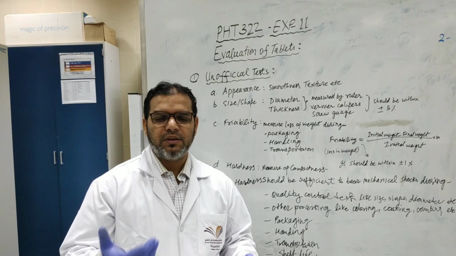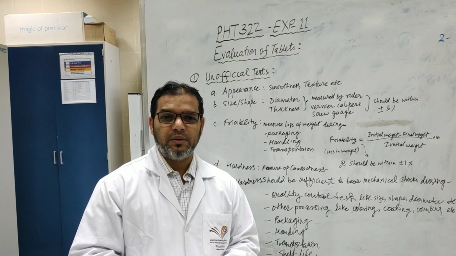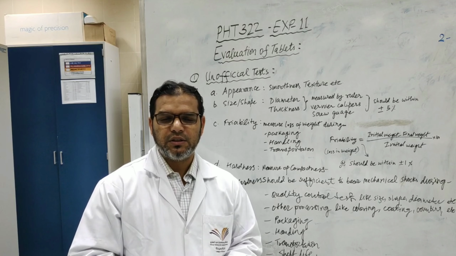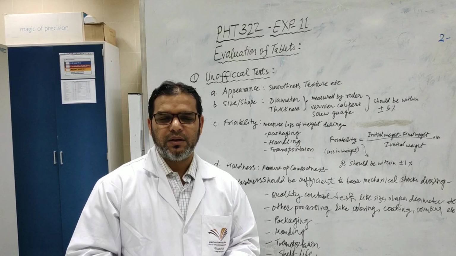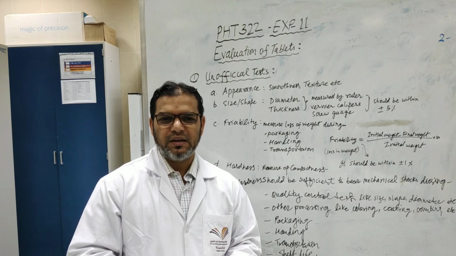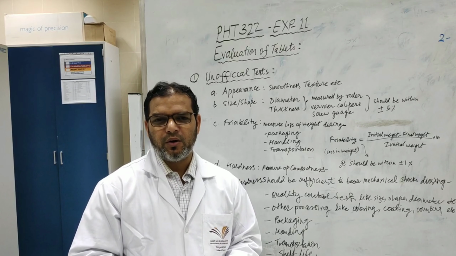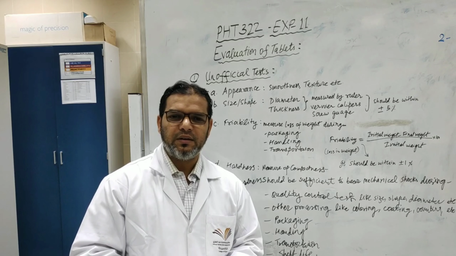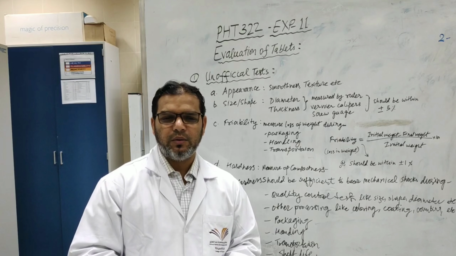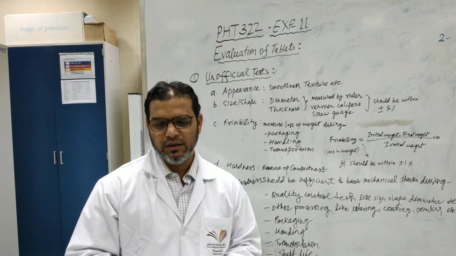And modified release tablets may be even harder than the conventional release tablet. So hardness is dependent on the type of tablet, and usually the range is 5 to 10 kilogram, or a maximum of up to 20 kilogram. Or even it can be less also. In the case of a soluble tablet, it may be 2 or 3 kilogram only.